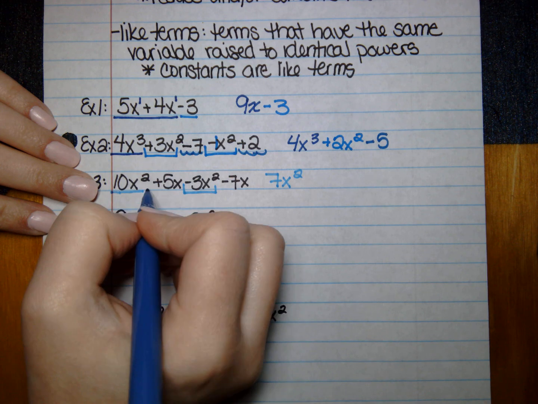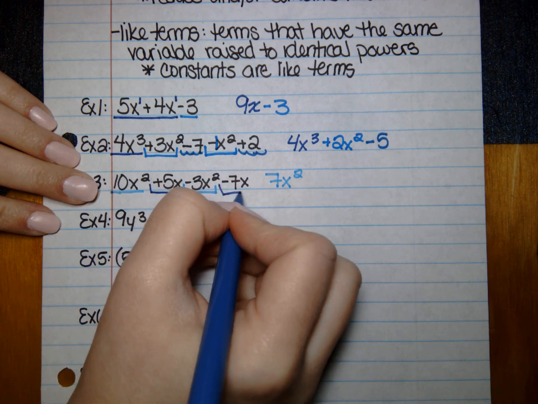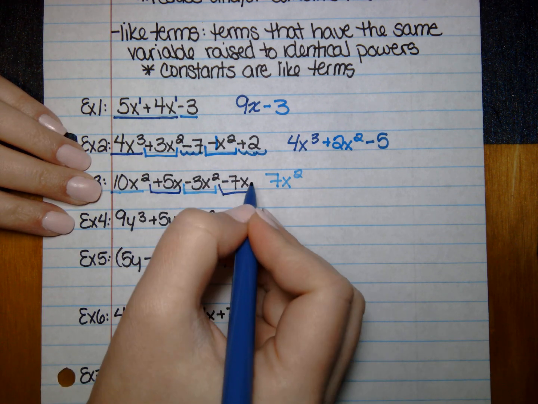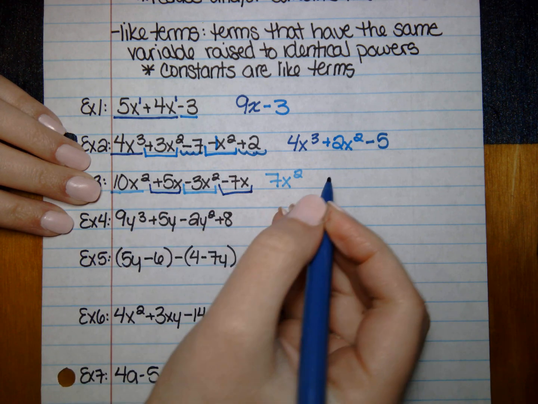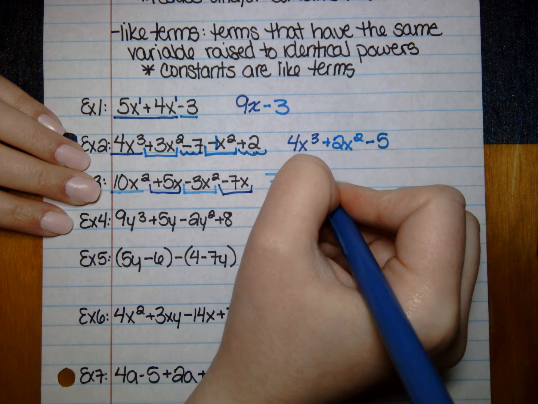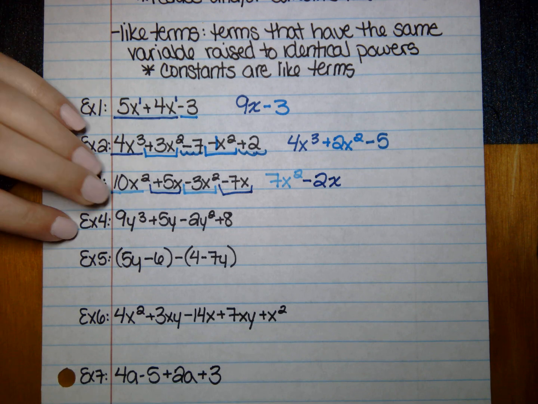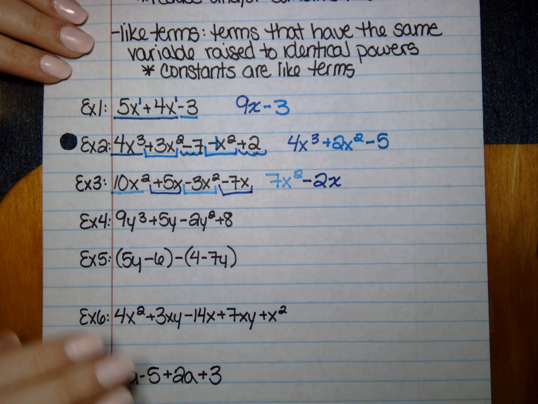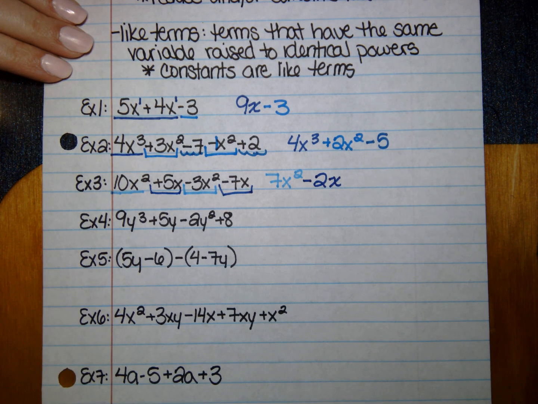And then I have a positive 5x and a negative 7x. So positive 5 minus 7 is going to give me -2, and I have a single x for my variable. So that's going to be your answer for example 3.